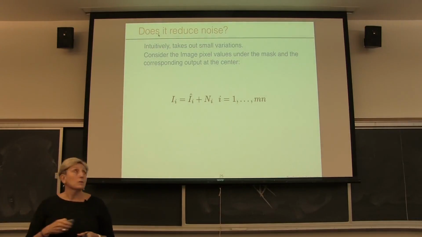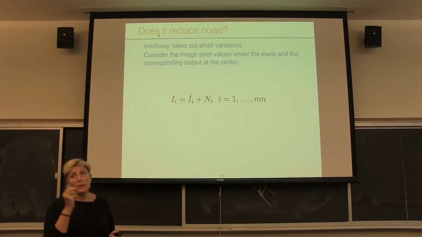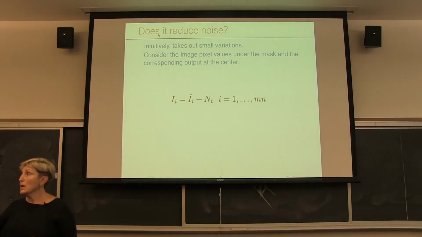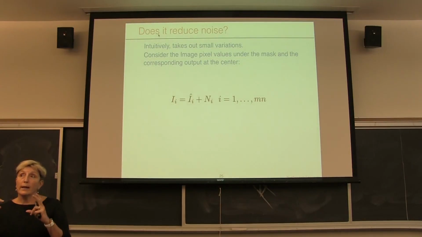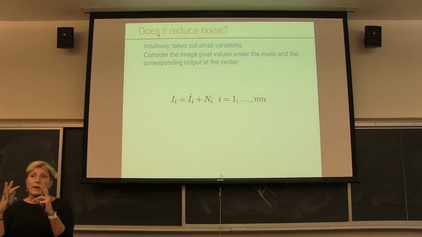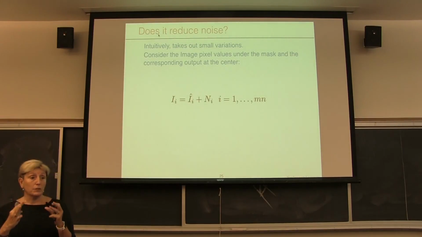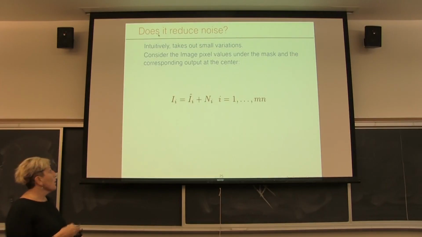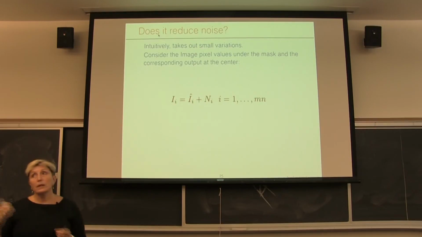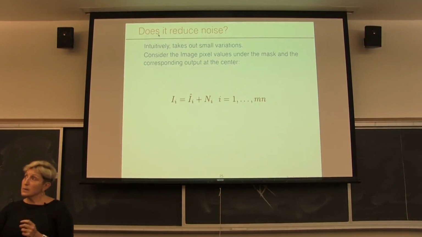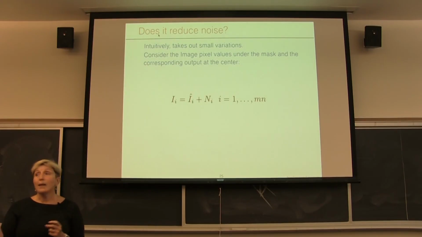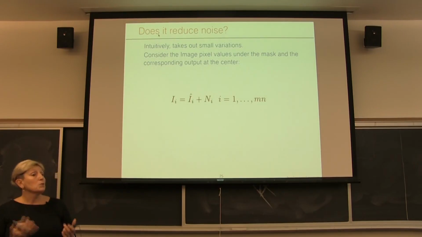This little i means pixel i, so I'm just numbering my pixels. I'm looking at a neighborhood of size m by n, which is the size of my filter. Every pixel in that neighborhood has a noiseless value, and then it was corrupted by adding some noise, which I want to try to eliminate as much as I can.